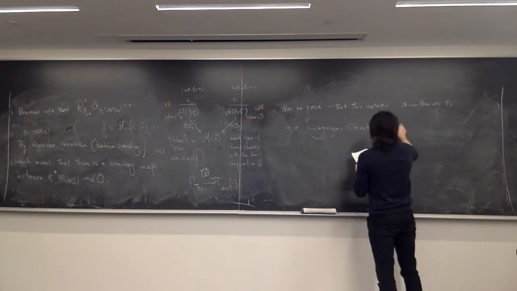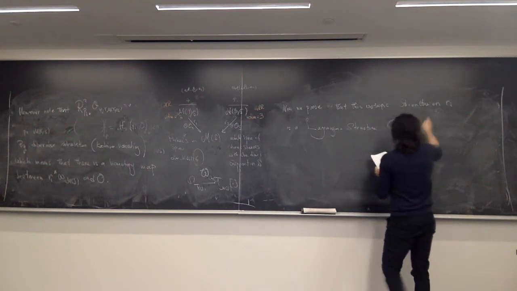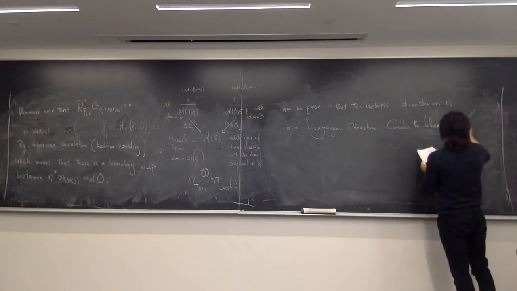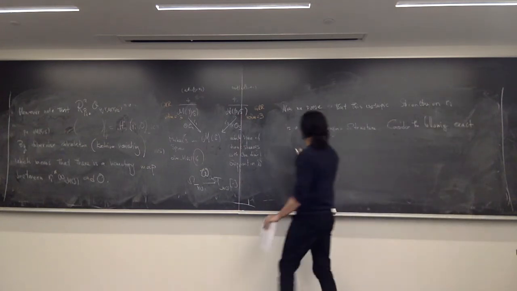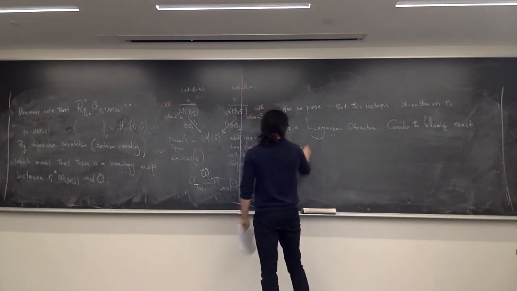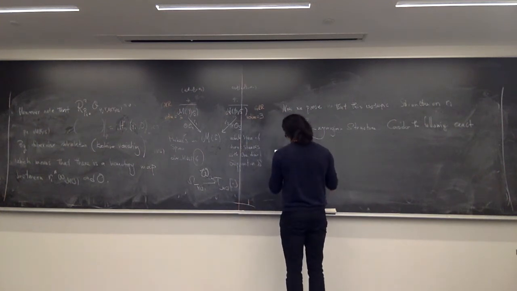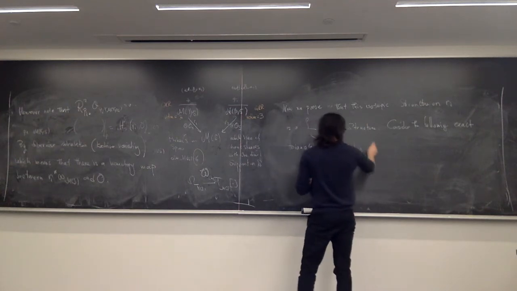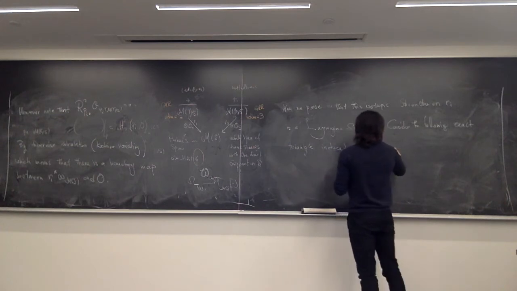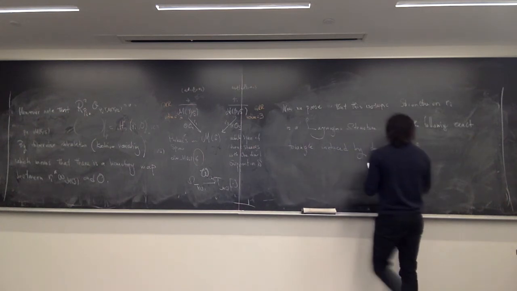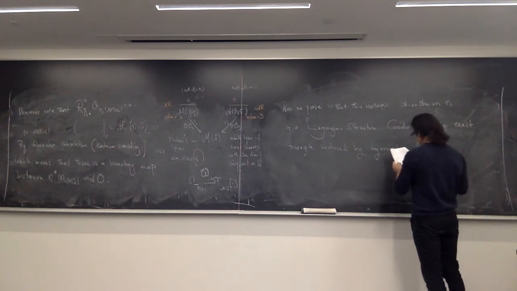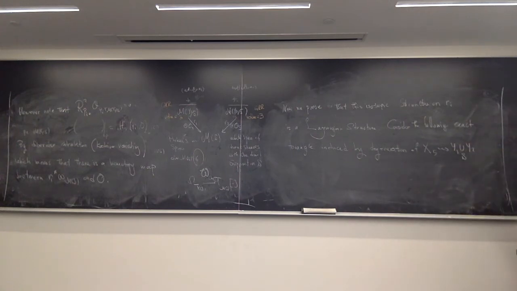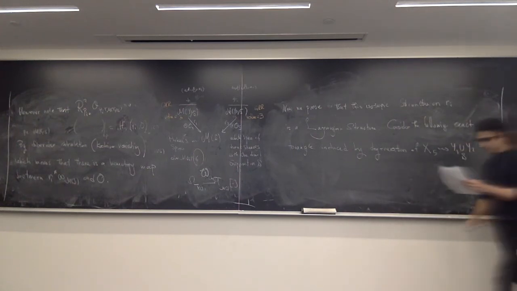Consider the following exact triangle, induced by the degeneration of X to Y1 union Y2 glued along S. So what is that?